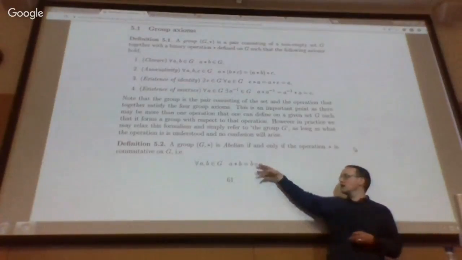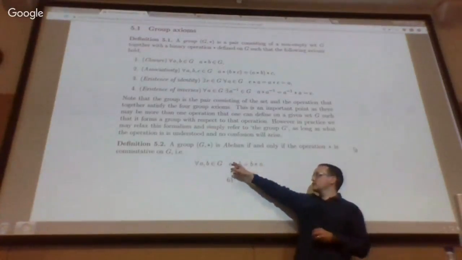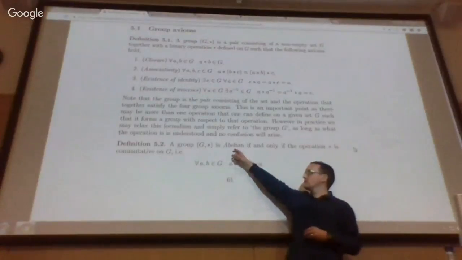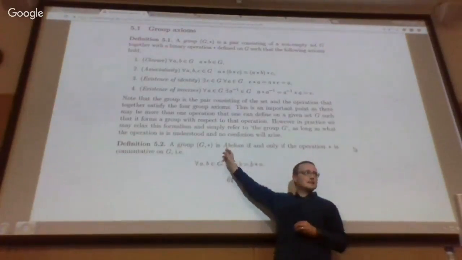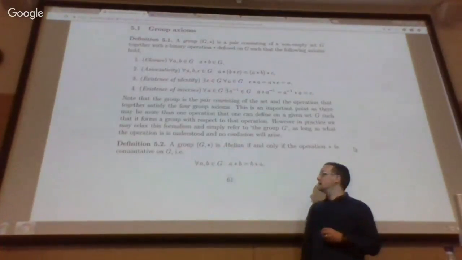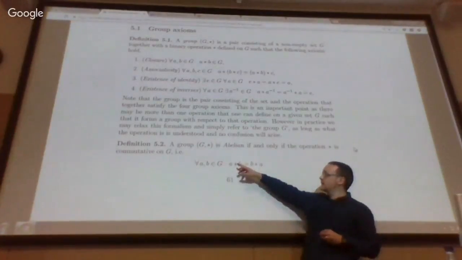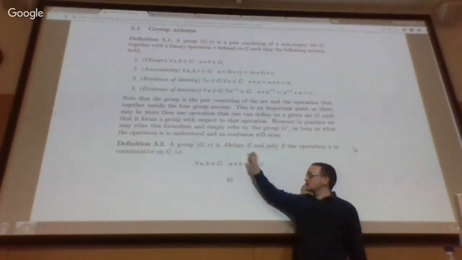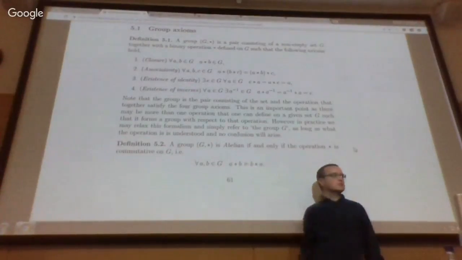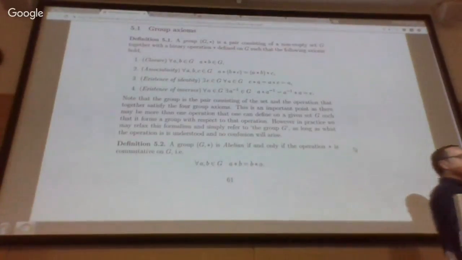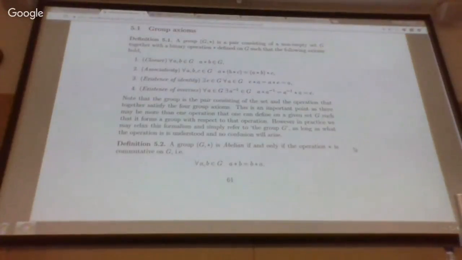We refer to the operation as being commutative, but we refer to the group as being abelian. That's named after Abel, a Norwegian mathematician, I think. So the group is called abelian if the operation is commutative on the group, and non-abelian if it isn't. Some groups are abelian, some groups aren't.